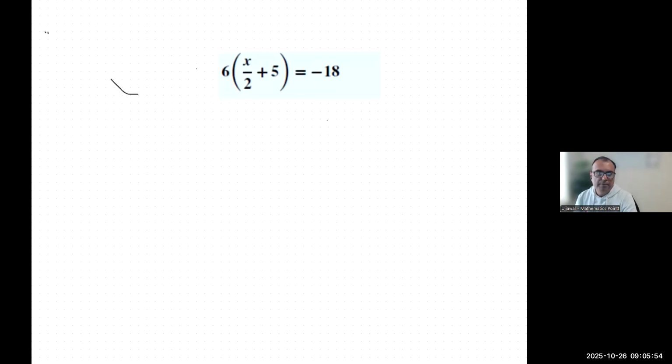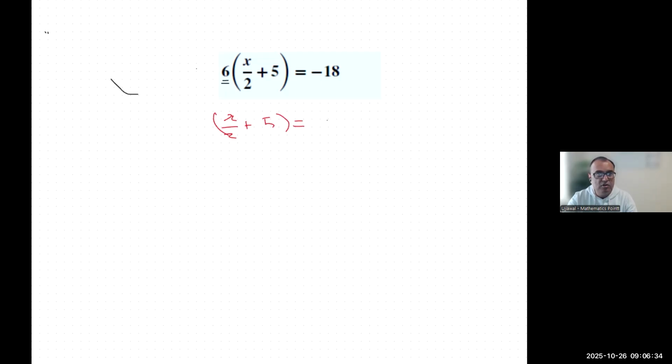Yep, x equals -16 is the right answer. For people who don't understand how this has come up, let's quickly do it. We'll get rid of the 6 first. So x over 2 in the bracket plus 5 remains as is, and this 6 is multiplying the whole stuff in the bracket.